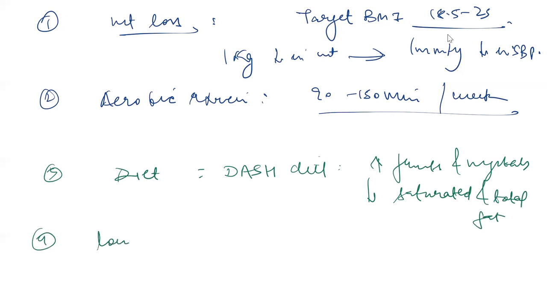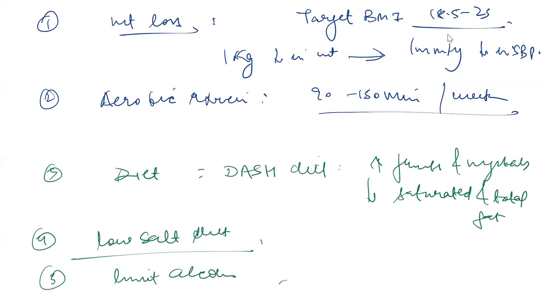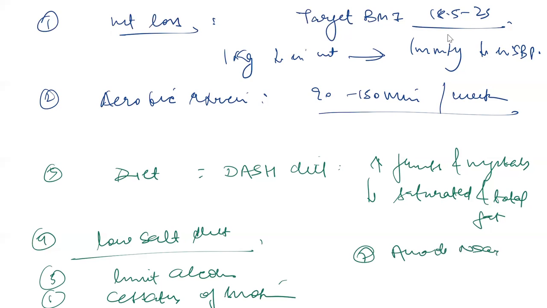Fourth is low salt diet. Fifth is limit alcohol. Sixth, cessation of smoking. Seventh is avoid insults.